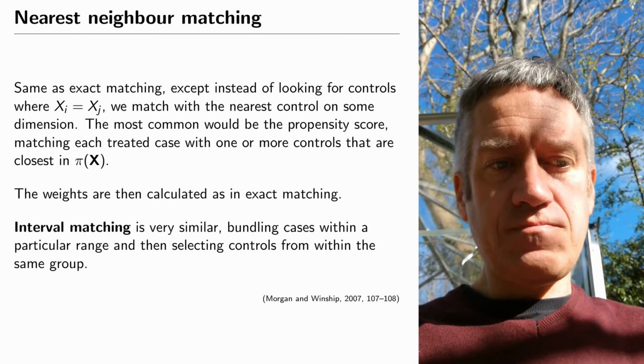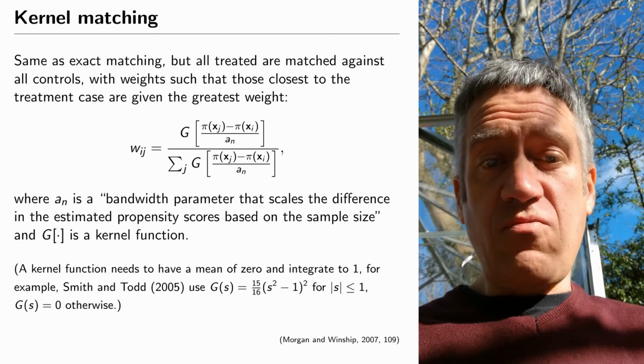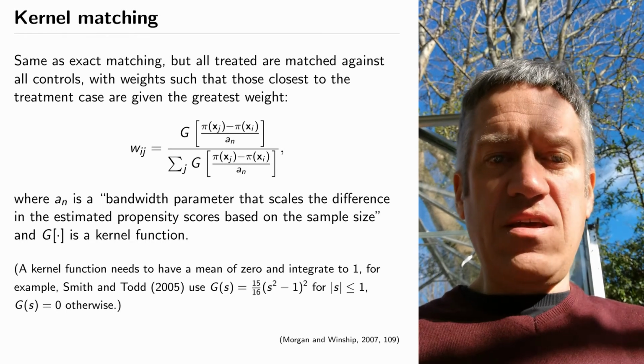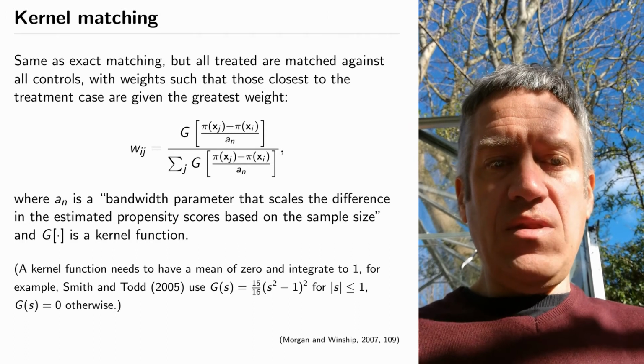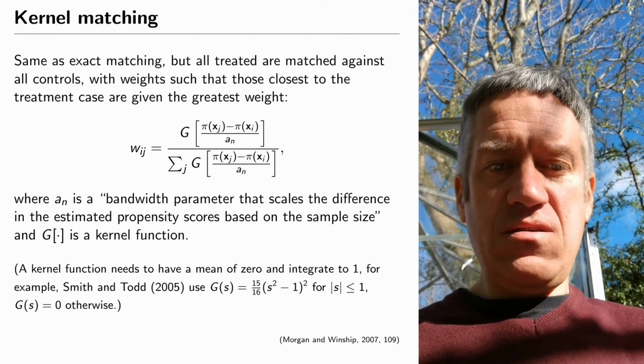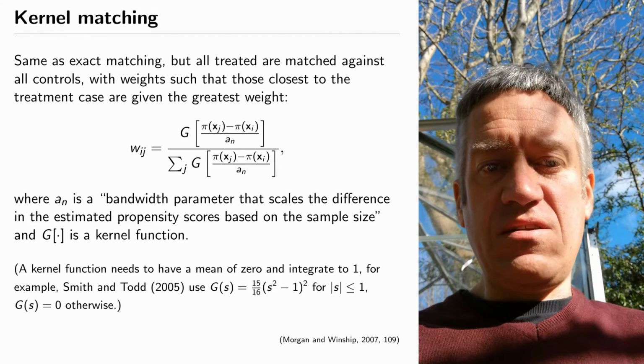There's also something called kernel matching, where we basically match every case in the treatment group with every case in the control group, but we weigh the cases based on their distance.